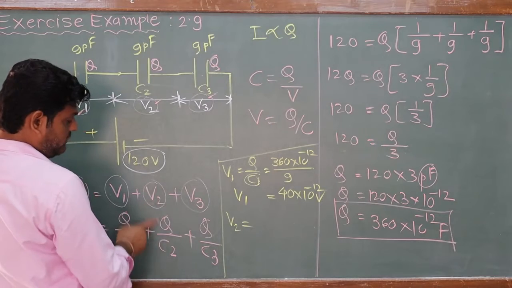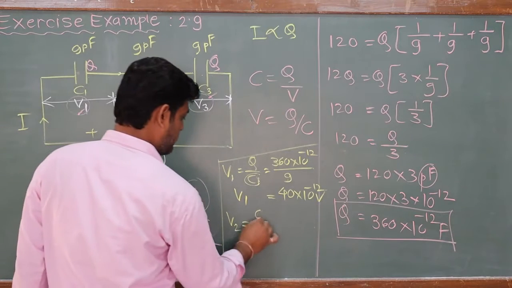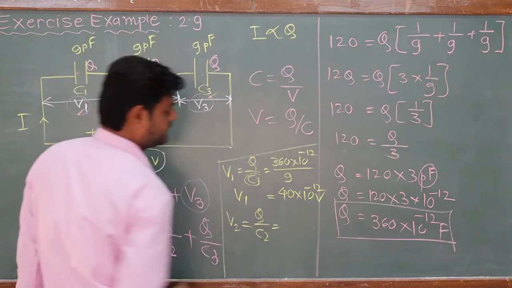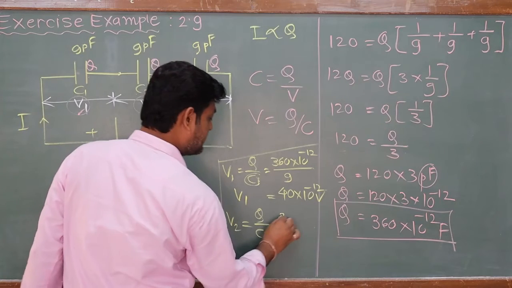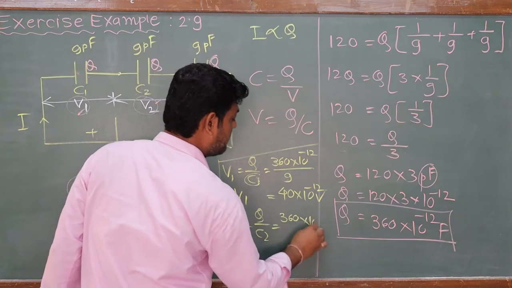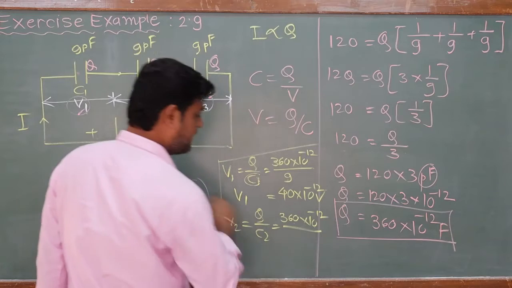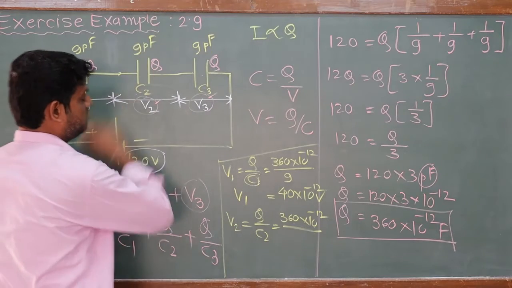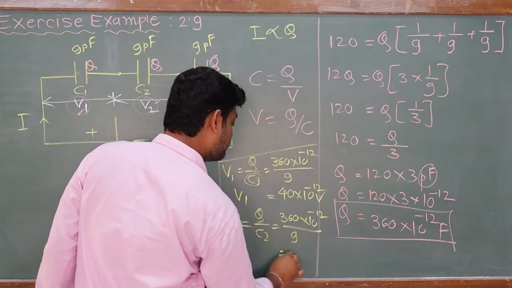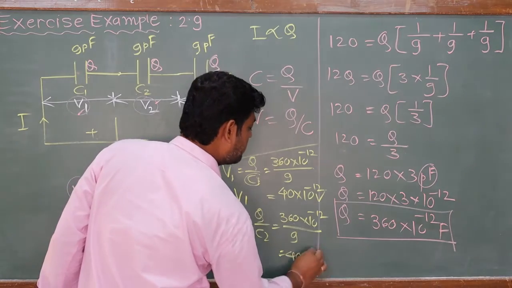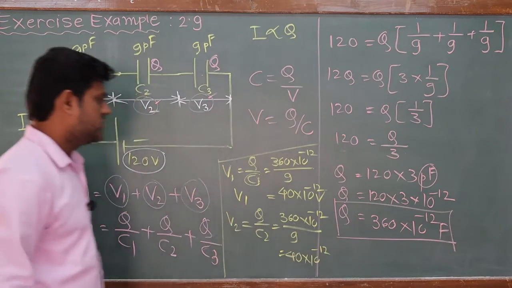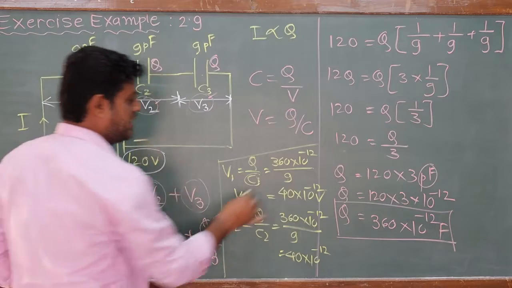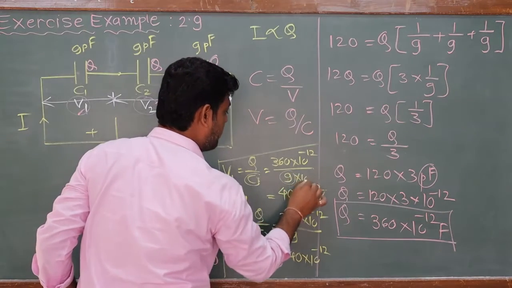Again we will write V2 equal to Q by C2. The value of Q, we know, is 360 times 10 to the power minus 12 divided by C2. C2 equal to again 9. So again it becomes 40. 9 picofarad is also a picofarad, means 10 to the power minus 12.